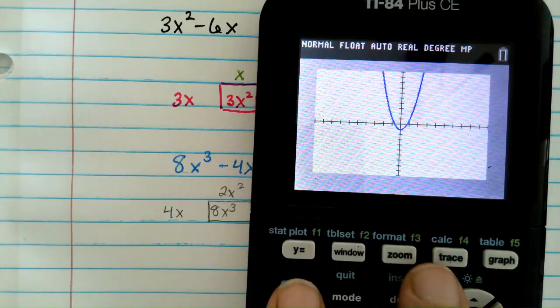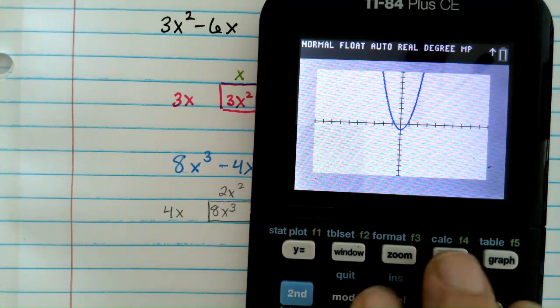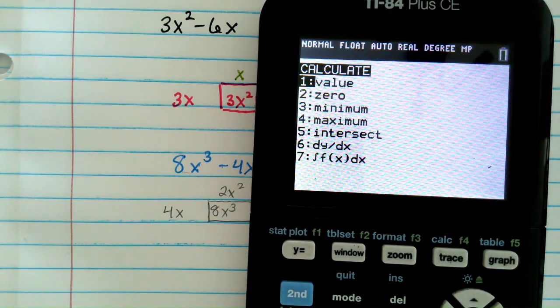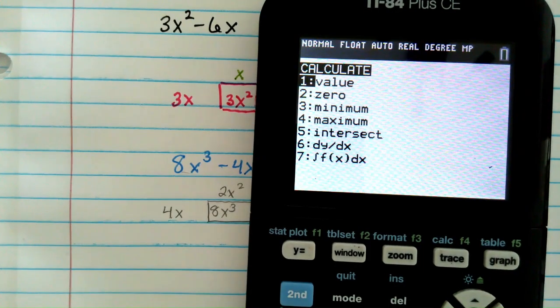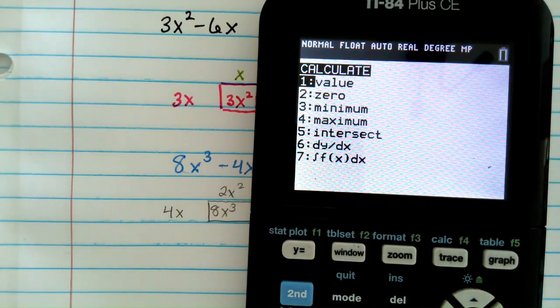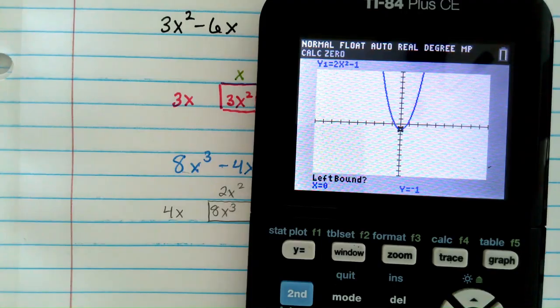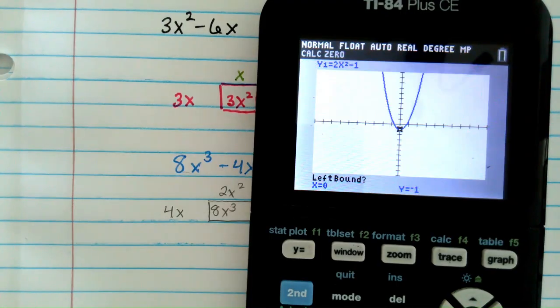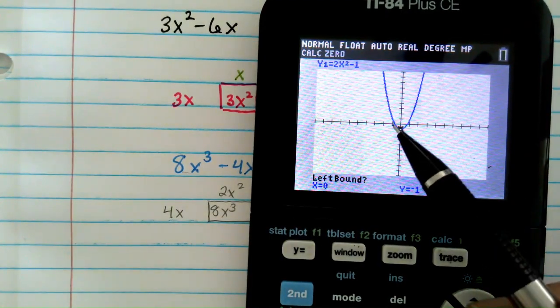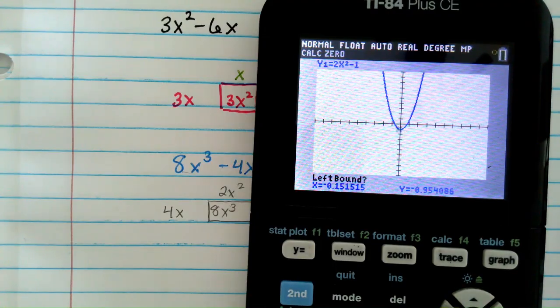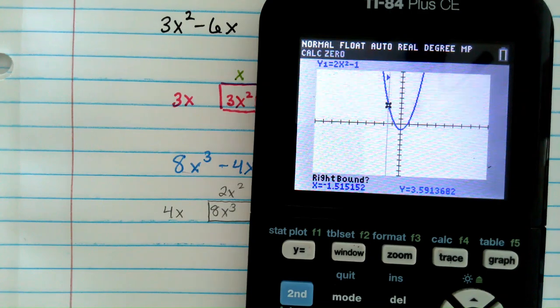So I'm going to come in here and there's the calculate menu. And I'm going to calculate where it crosses the x-axis, which is a vocab word known as zero. So you can arrow down to zero. I'm going to punch the number 2, so I type 2. And see how it says left bound? I'm going to get to the left of this zero because I'm going to talk about the negative zero. I don't care how far left you are. And I'm going to hit enter.